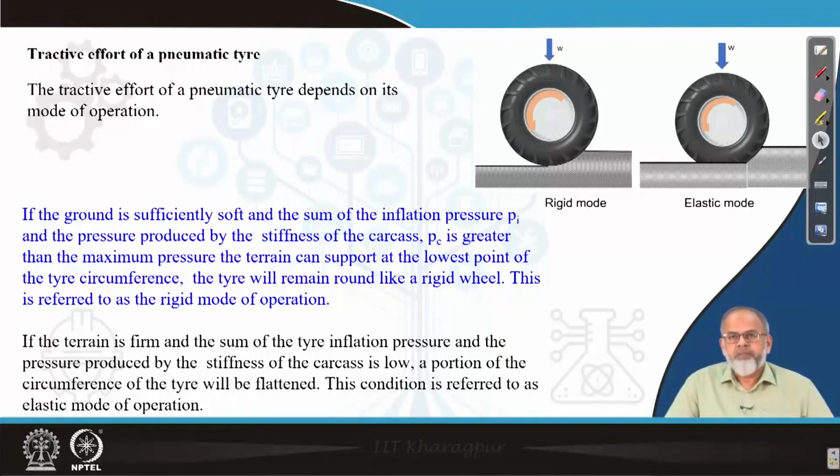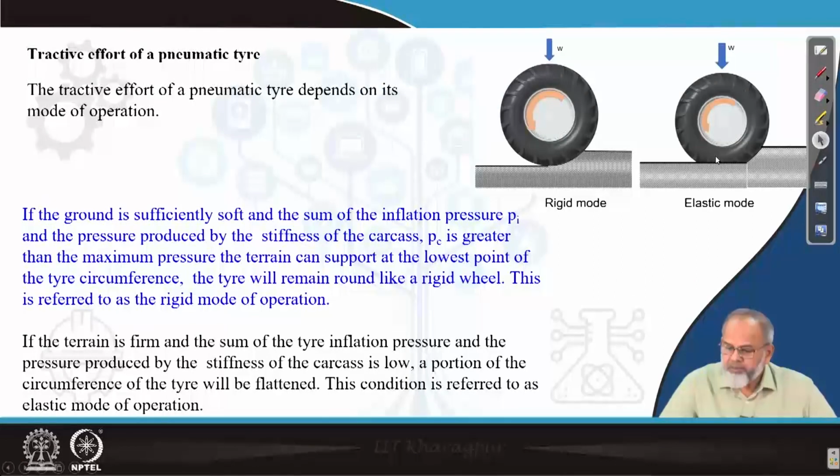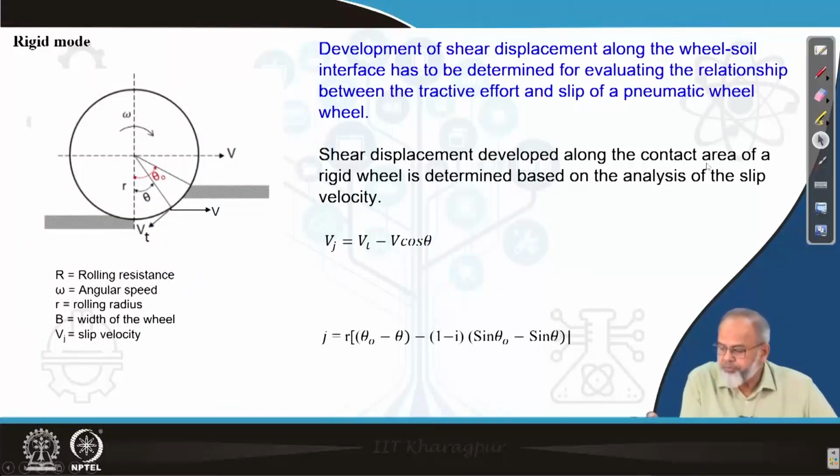This condition is called elastic mode. These are the two conditions shown in the right corner. One is rigid, where the circumference of the tire is perfectly round, whereas in the second case it is not round, rather it is flattened at a certain portion.